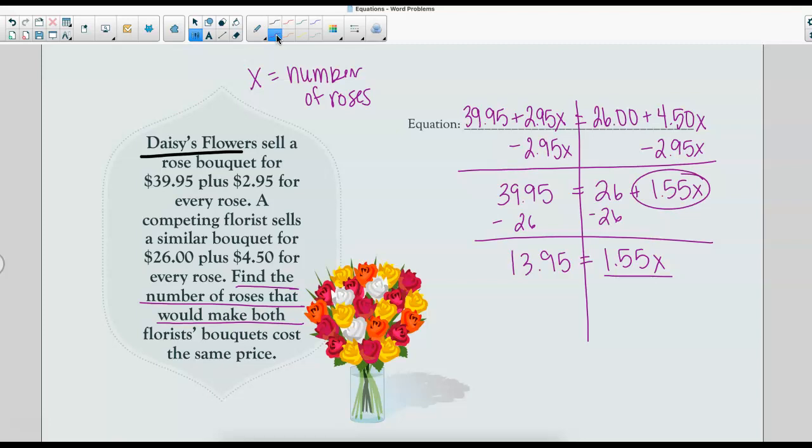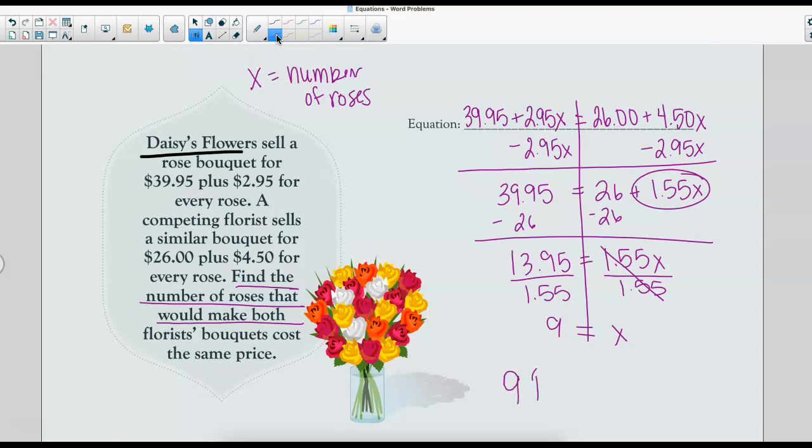And to finish, we divide by 1.55. These cancel. X equals what? 9. So what's the answer to this problem? 9 what? Roses. 9 roses.